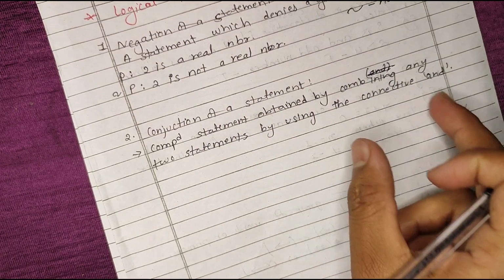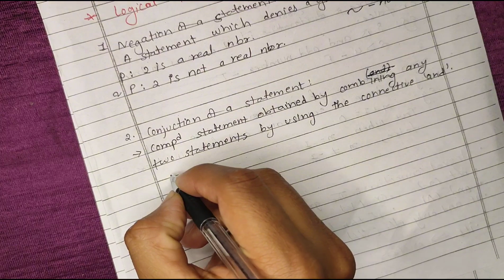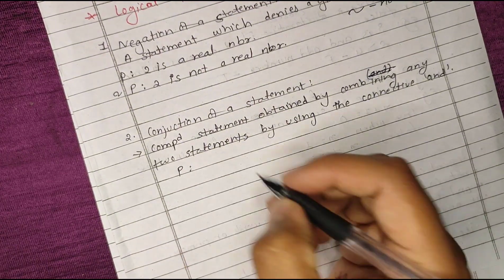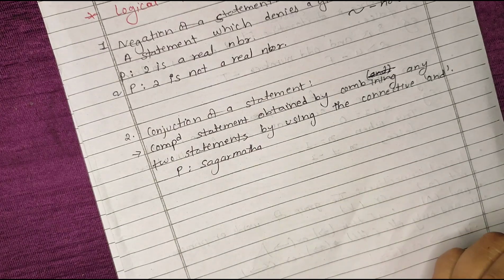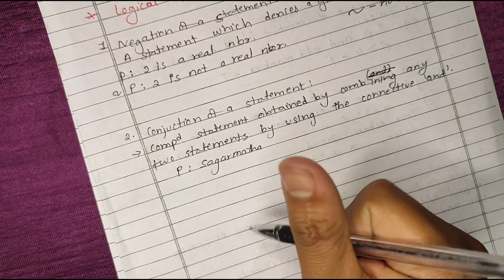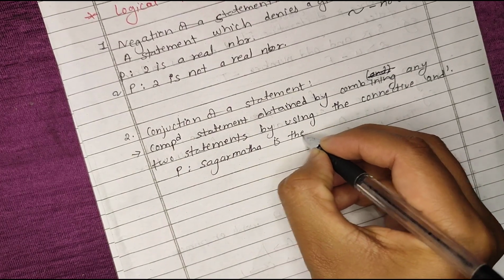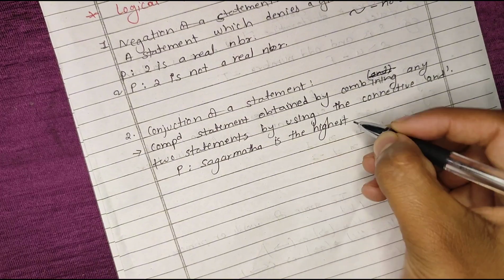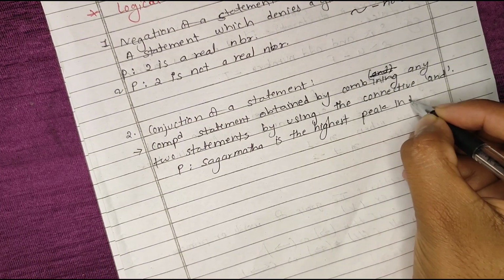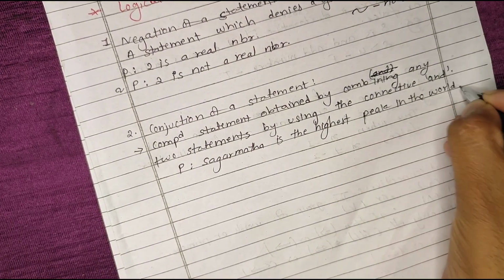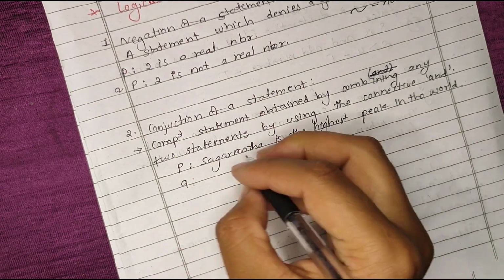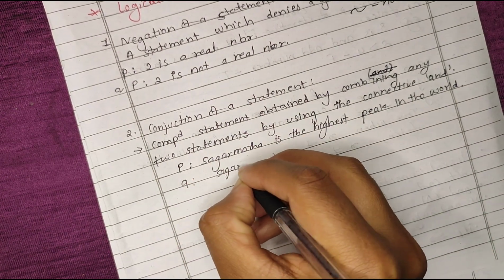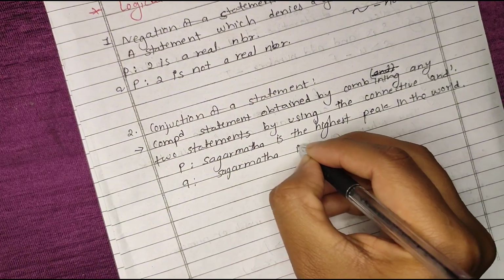Then to use the and, we need two statements such that P is Sagarmatha is the highest peak in the world. I am taking this example as reference in all the topics. And Q will be Sagarmatha is in Nepal.